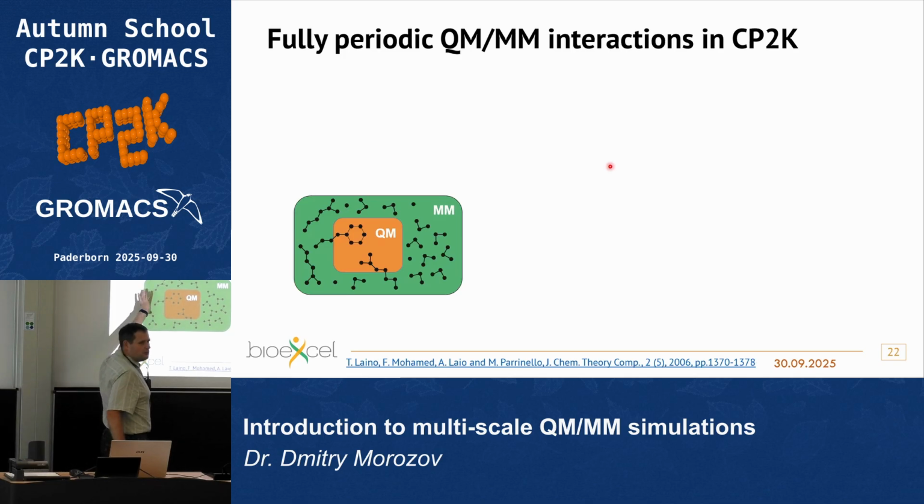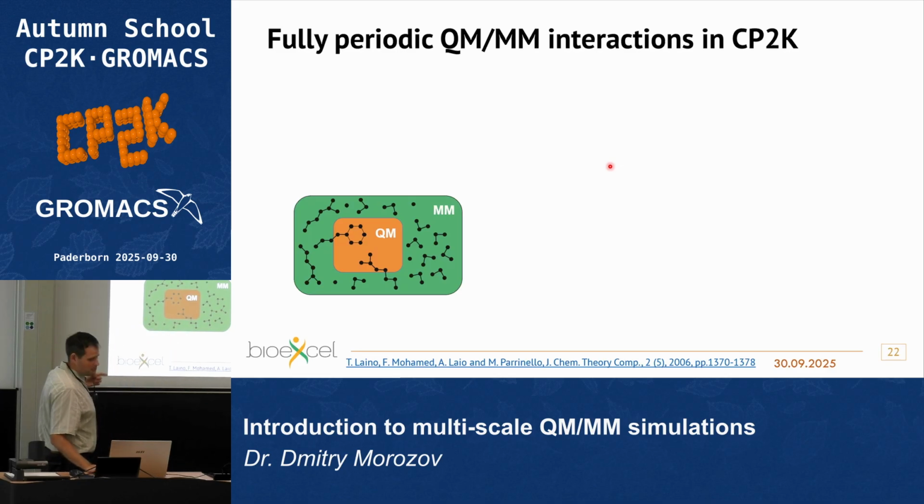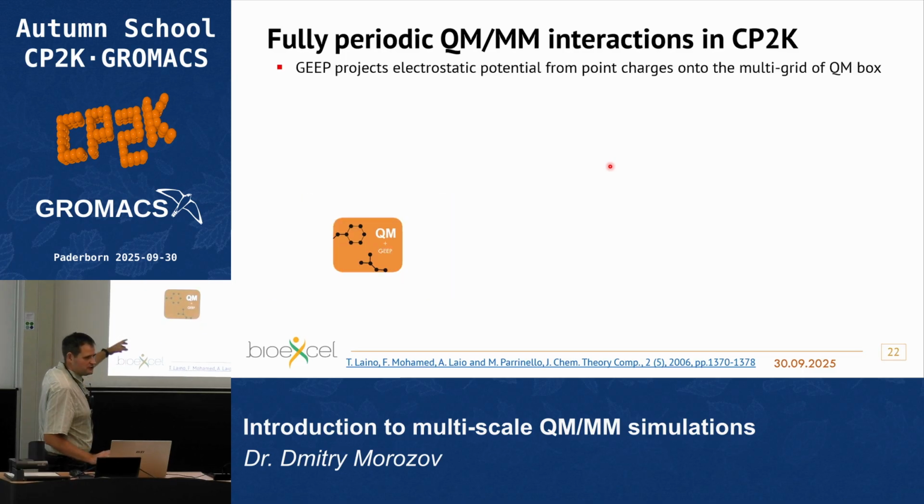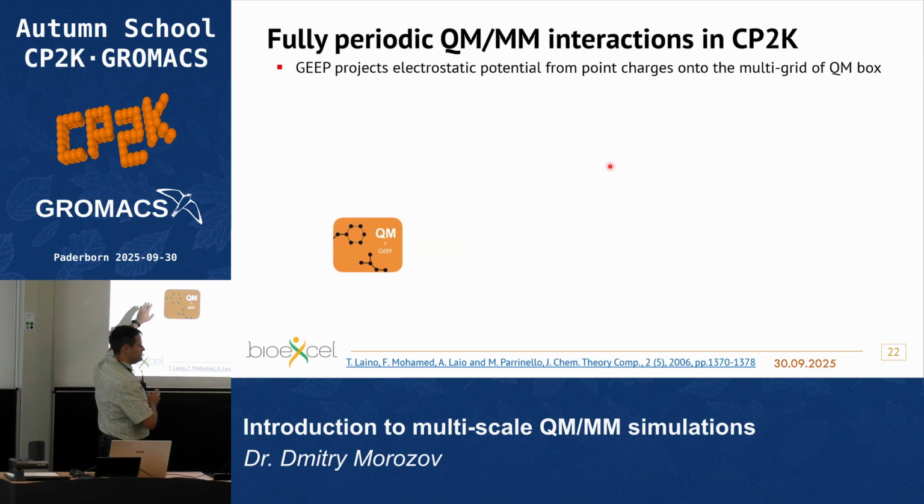Both of them have their individual three-dimensional periodic boxes associated to them. Usually, the MM box is much bigger than the QM box, because you want to localize your QM into a smaller space. And the fully periodic QM approach in CP2K first does this Gaussian projection of the potential. So it basically wraps your whole MM system onto the QM multigrid.